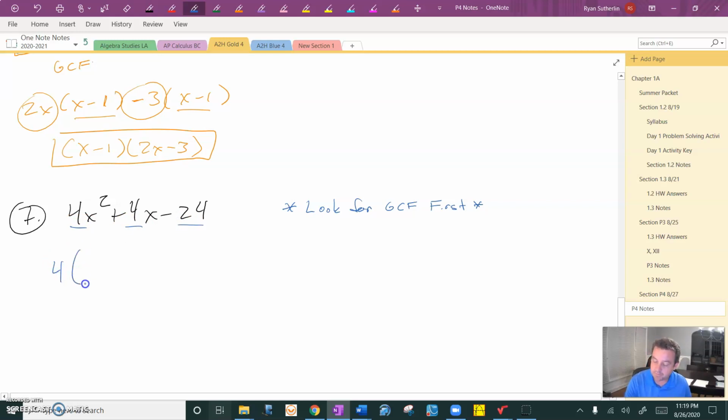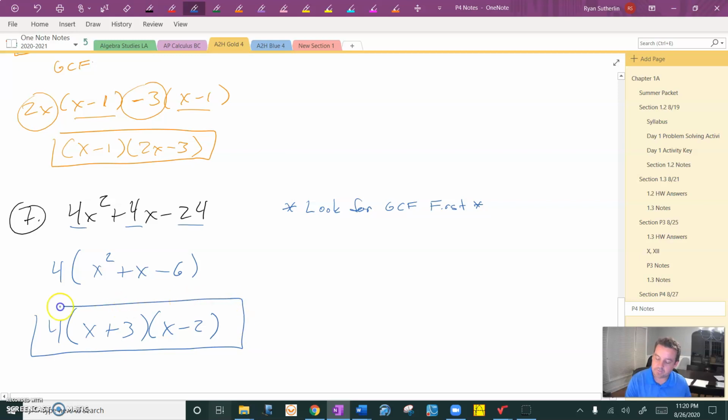I can factor out a 4, which leaves me with x squared plus x minus 6. And now all I have to do is think of two numbers that multiply to negative 6 and add to 1, which are 3 and negative 2. And I'm done with the factoring problem. But if you try to do split the middle, it probably made this really difficult. So the reason I did this one is it looks like it could be split the middle, but always look to see, is there a GCF you can factor first?